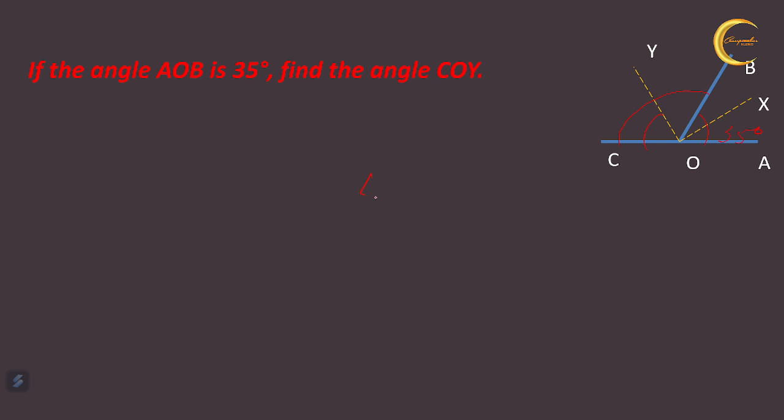Angle AOB equals 35 degrees, so angle AOB plus angle COB equals 180 degrees. So angle COB equals 180 degrees minus 35 degrees, which equals 145 degrees. So angle COY equals half of COB, which equals half of 145 degrees.